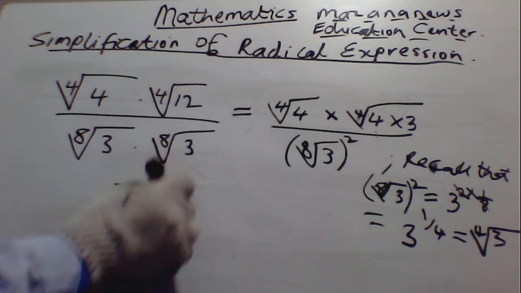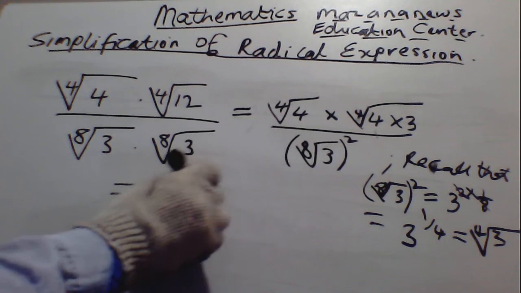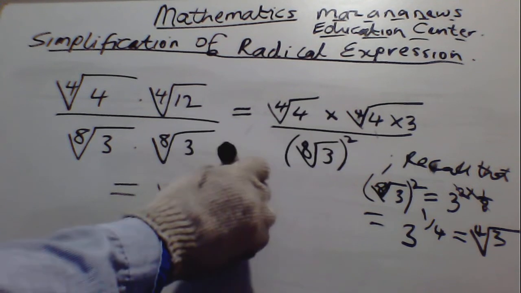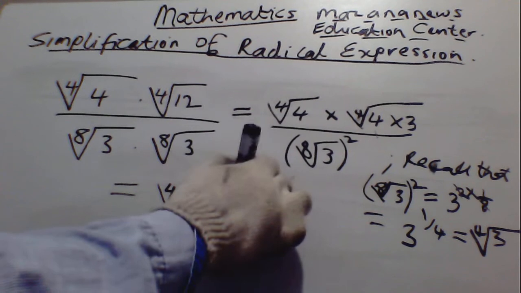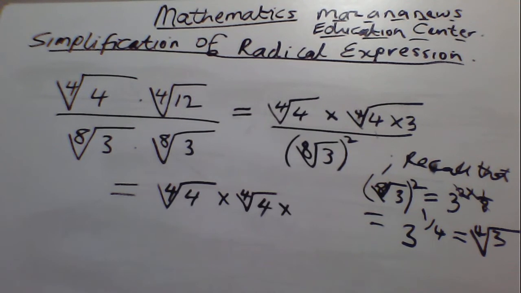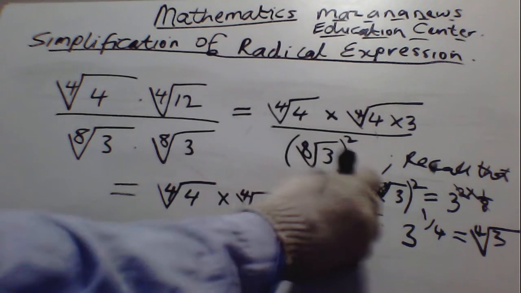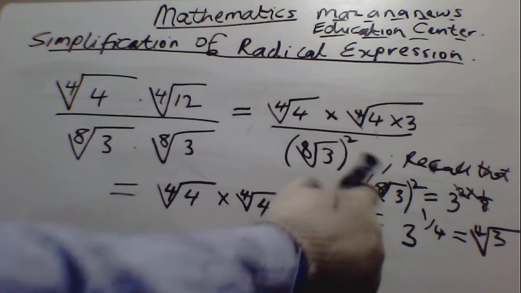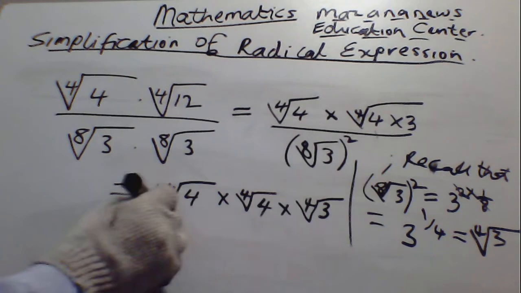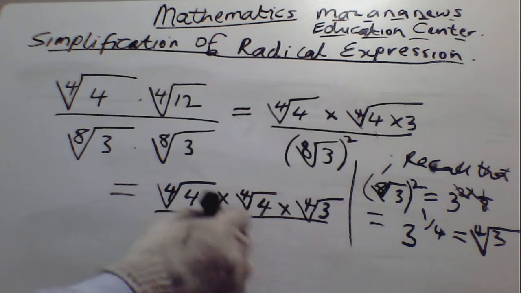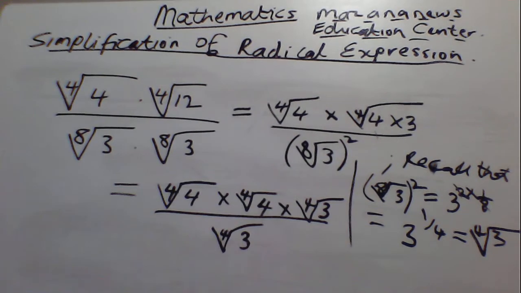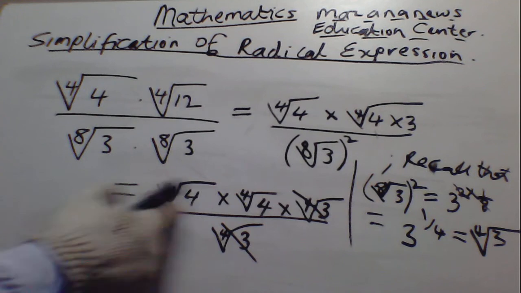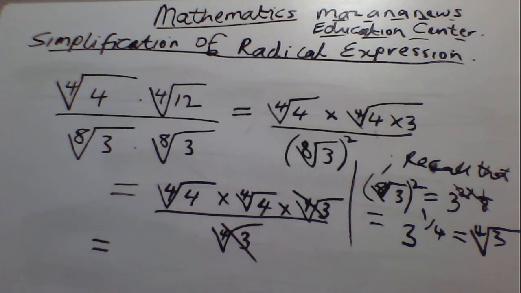So from here we have the 4th root of 4 times the 4th root of 4, split using the product rule of radicals, all divided by the 4th root of 3 times the 4th root of 3, so that they can cancel out to give us the product of the two.